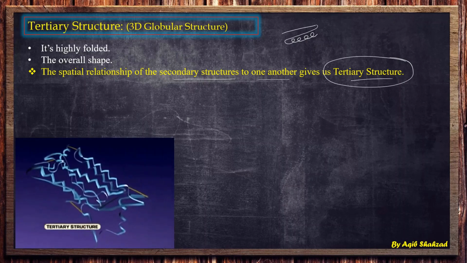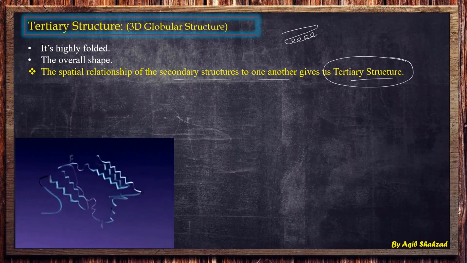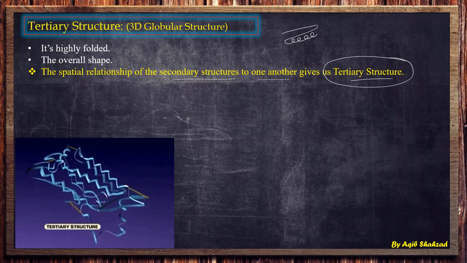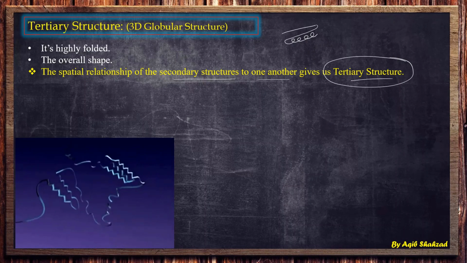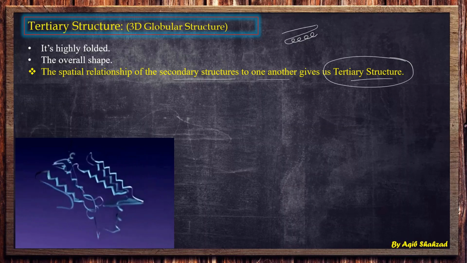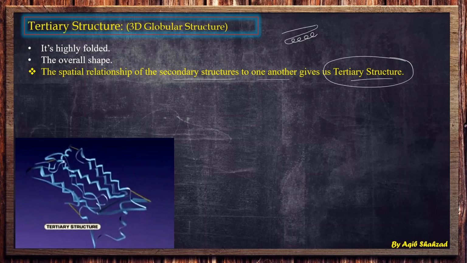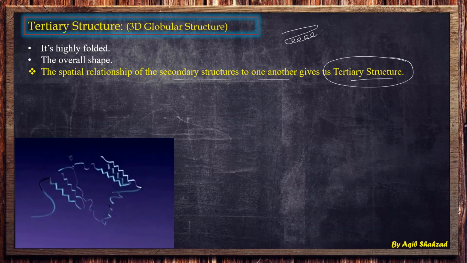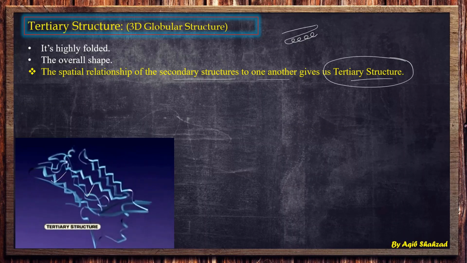As we can see here in this short video, this is the tertiary structure formed by the combination of different secondary structures. As we can see here, there are two types of secondary structure. One is the alpha helix type and the second is the sheet type.